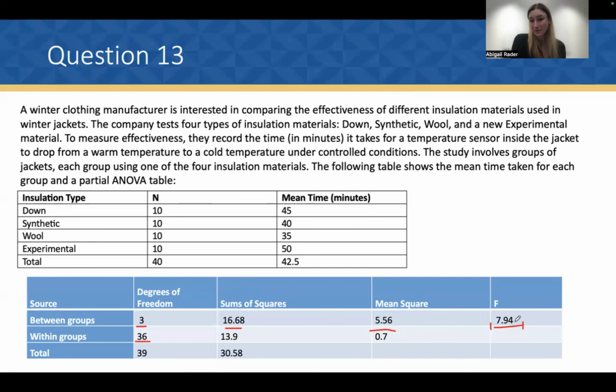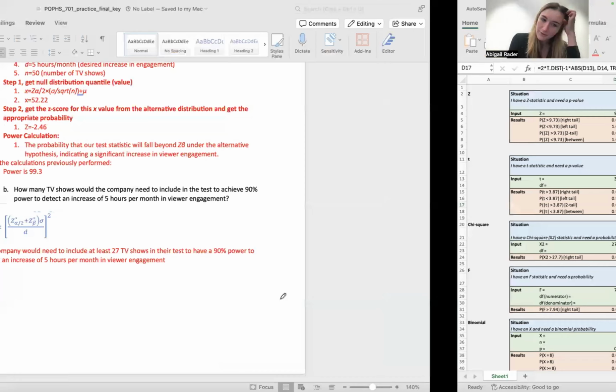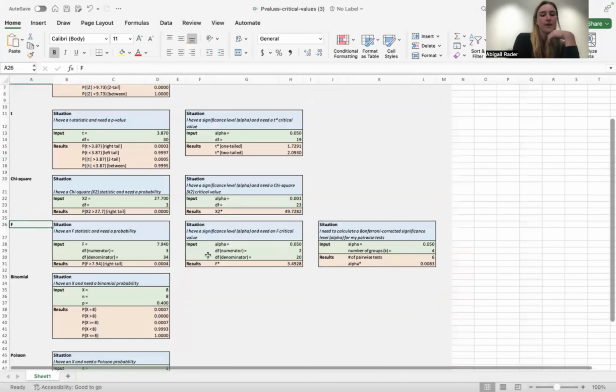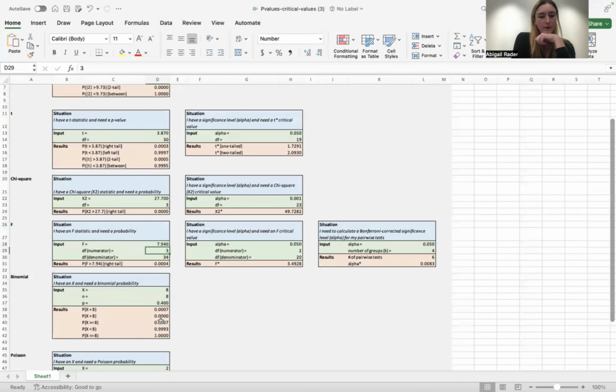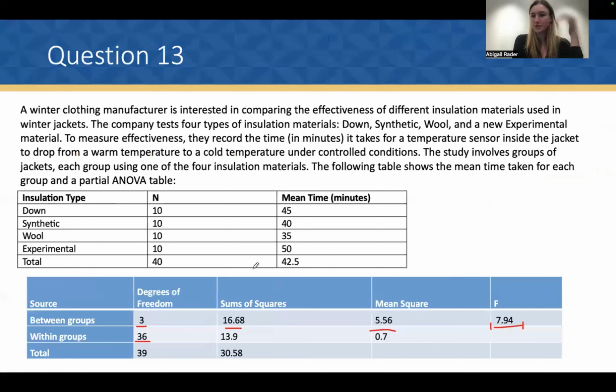It's pretty big, so it probably should be. But if we go into our p-value, p-critical value sheet, to the F statistic portion, our F is 7.94 with 3 and 34 as our numerator and denominator degrees of freedom, and we get 0.0004. So that means we reject the null and can proceed with pairwise testing.